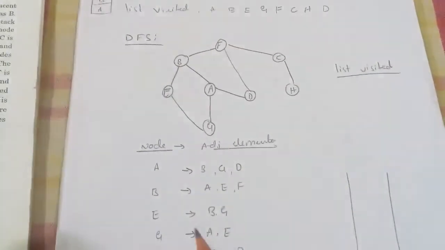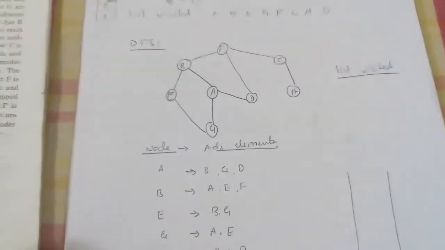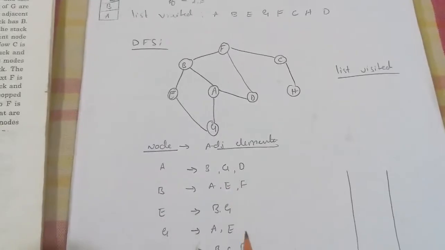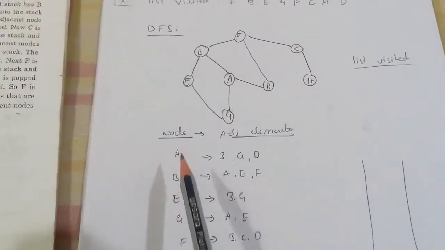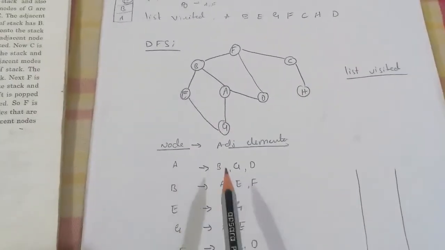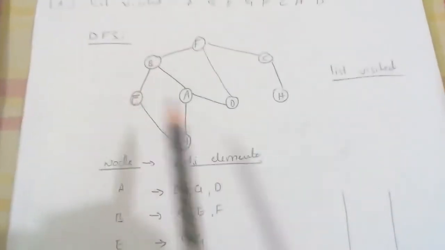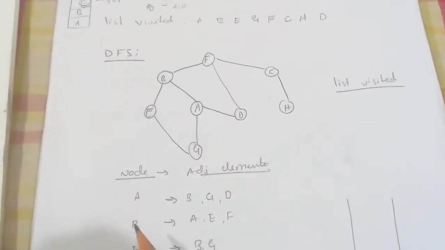First, write all the nodes with the adjacency elements. Starting from node A, the adjacency elements are B, G, D. Next B with its adjacency elements, next E, next G and so on.